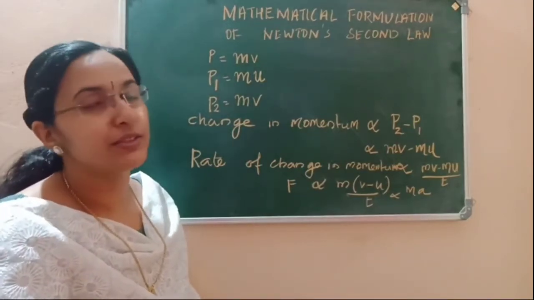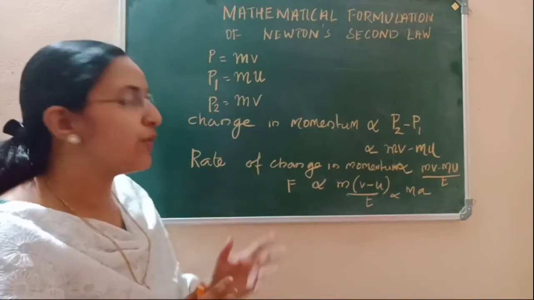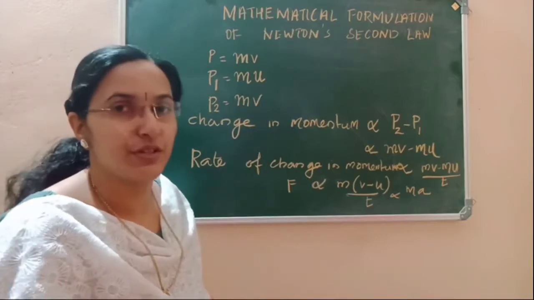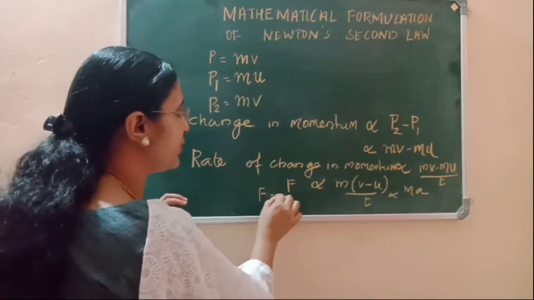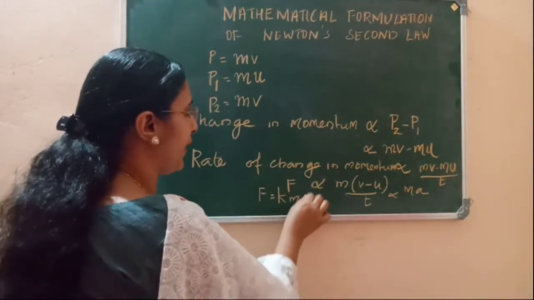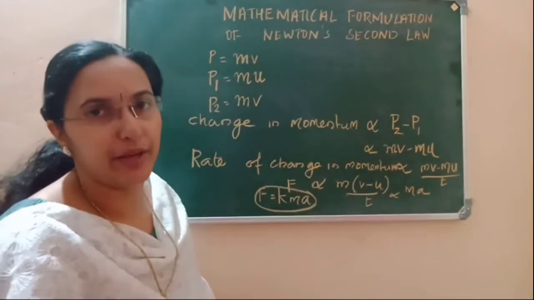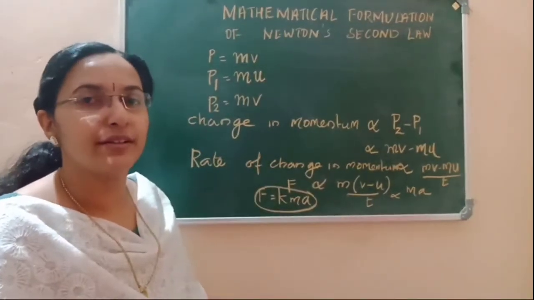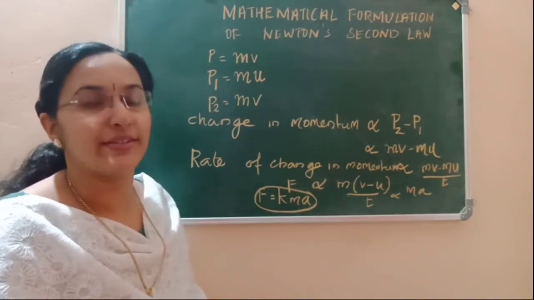But we cannot put the equal sign. To put the equal sign, a proportionality constant should be included. That is F is equal to kma. That should be noted. F is directly proportional to mass into acceleration.